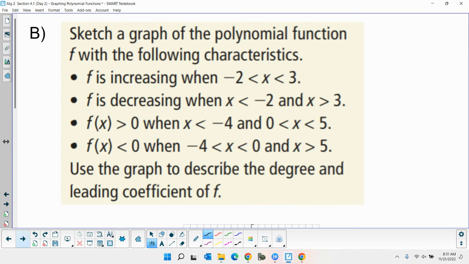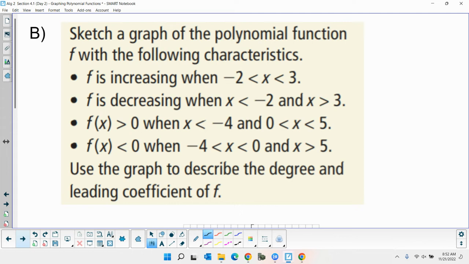So what numbers there? 4. Okay. Right. That's a 5.